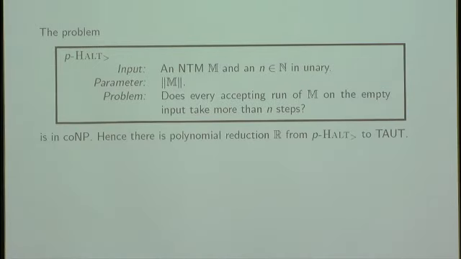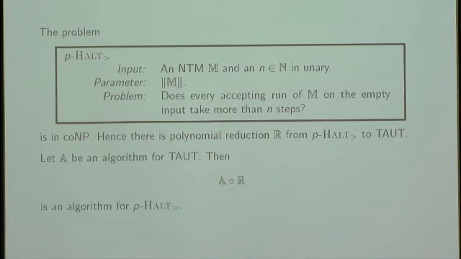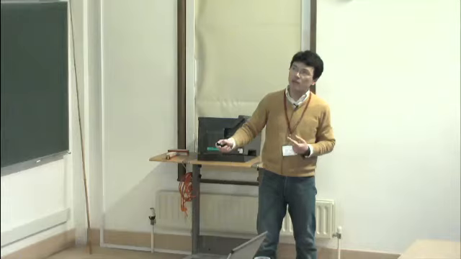And then I can turn this into a hard instance for your algorithm H for TAUT. Remember, this problem is essentially a co-NP problem, and there is a reduction from this co-NP problem to TAUT. I can compose any algorithm for TAUT together with this reduction to get an algorithm for this co-NP problem.